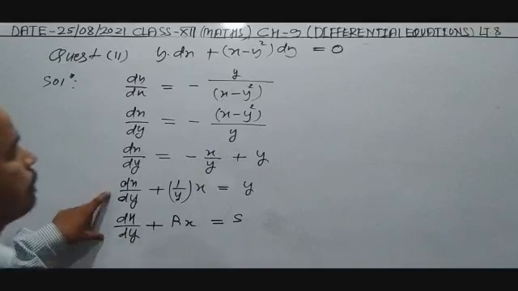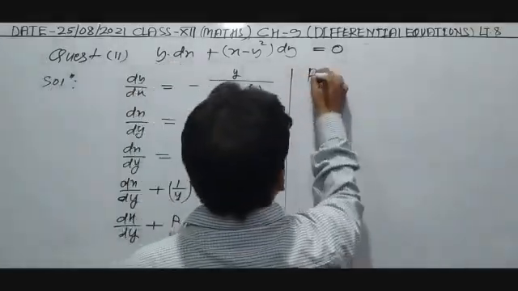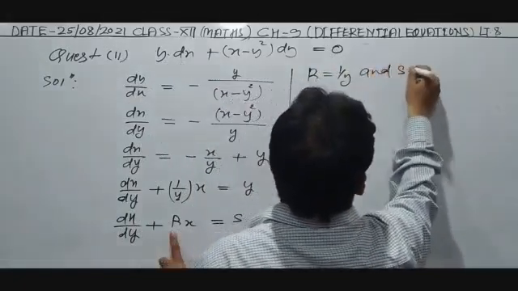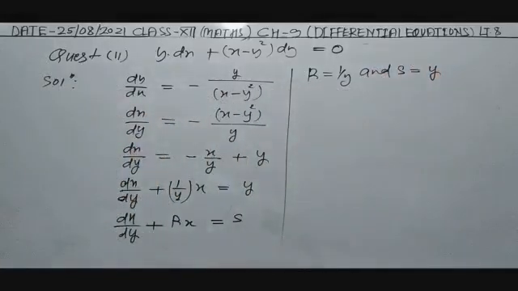So when you compare, what result do you get? R is equal to 1 upon y and S is equal to y. So we have to find the integrating factor.